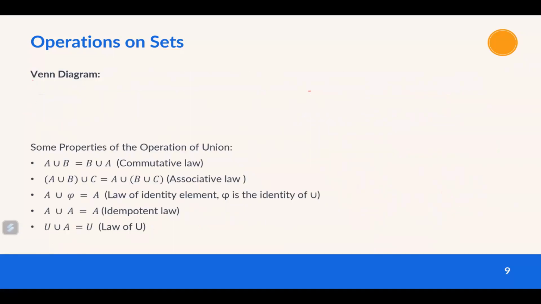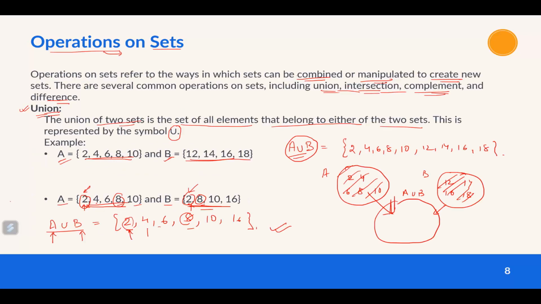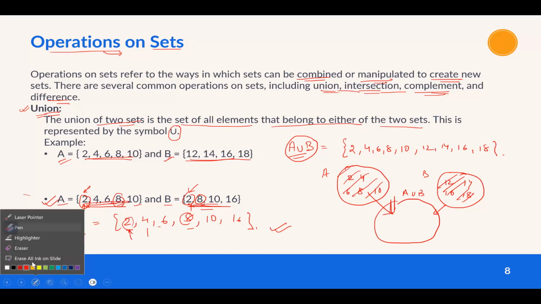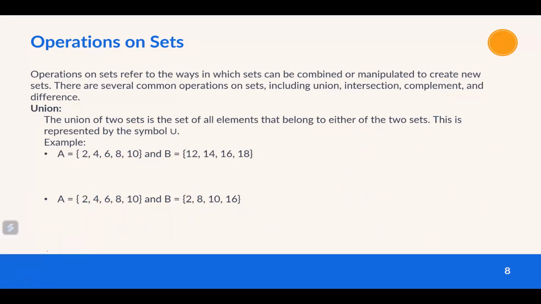Again, you have to see how this Venn diagram is created for the union operation. So in this example, where A has these elements and B has these elements, we can draw the elements using a Venn diagram. So A is this, which will contain 2, 8, 4, 6 and 10, right?